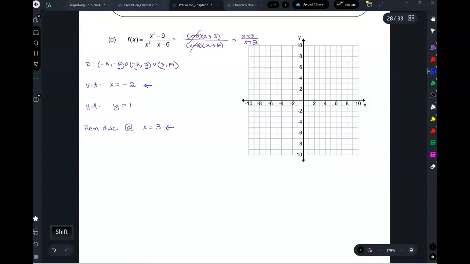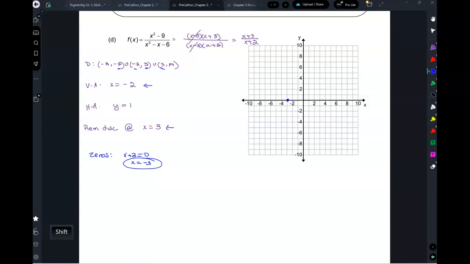Okay, so what are the zeros here? Zeros are just -3. Why not -2? Oh, it's the numerator. That's right. You only set the numerator of the reduced function equal to 0. Okay, so let's put some of these things in here. -3.